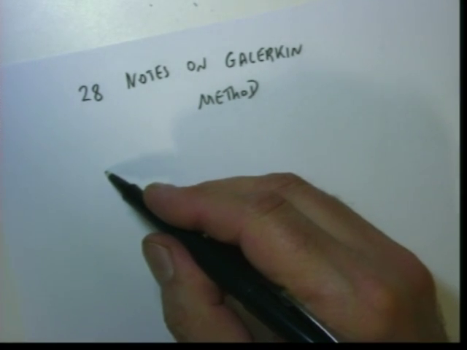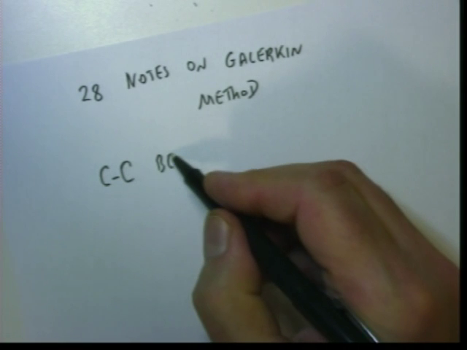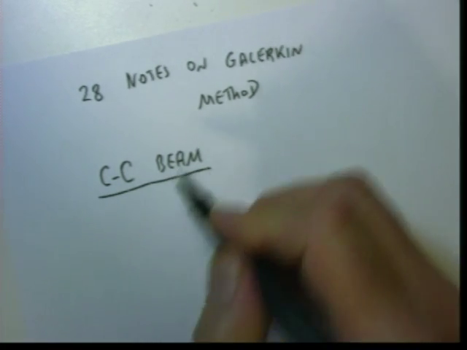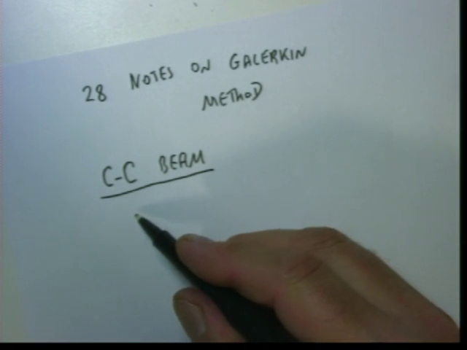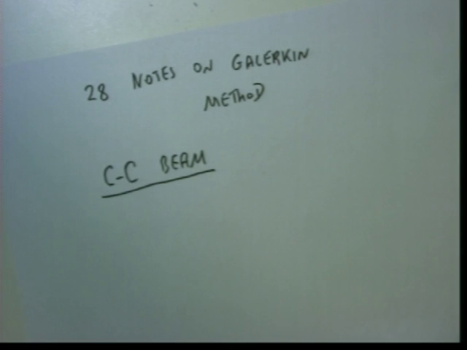So I think I did ask you to consider a clamped beam. Is it not? And in the clamped beam, I think people got the expression for the functions. May I ask for your homeworks that I just gave you?